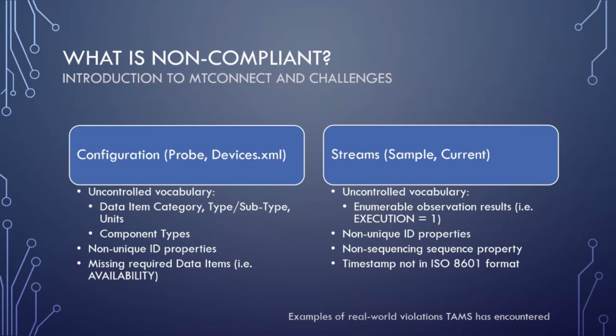We spent a lot of time reading through the PDF documents of the original MTConnect standards, and we were very familiar with the vocabulary that was used and the structure that was expected. And when we got new machines connected, we found a lot of these implementations were using uncontrolled vocabulary. They would make use of the extensibility of MTConnect and erroneously extend the standard.